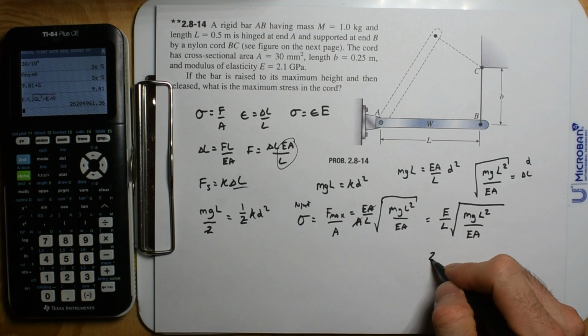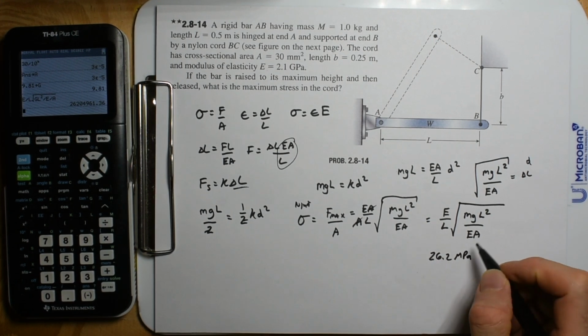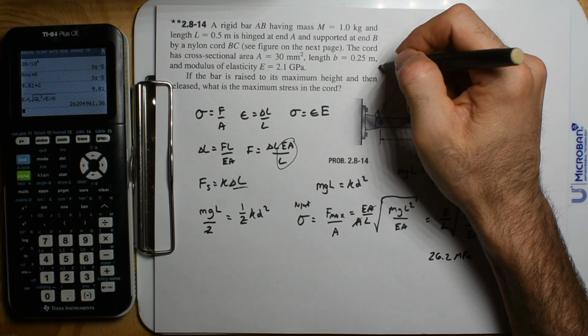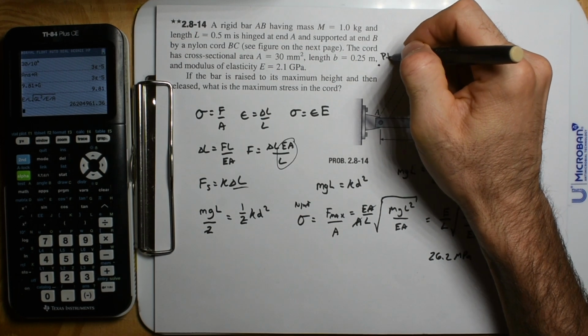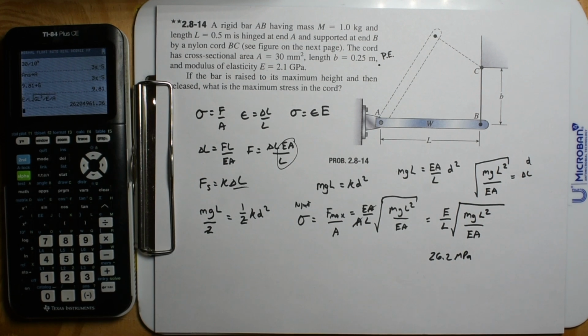Why are we still getting a stress of 26.2 megapascals? For the life of me, I don't understand. Are we not setting up the potential energy right? I guess I haven't solved this problem 100%. I thought I did.